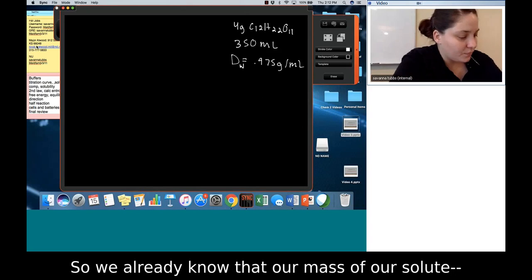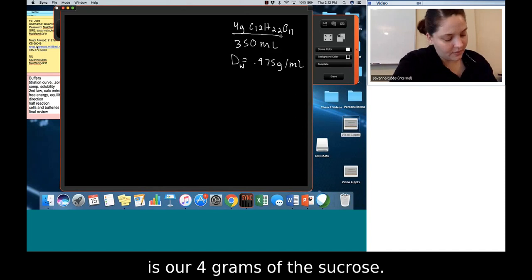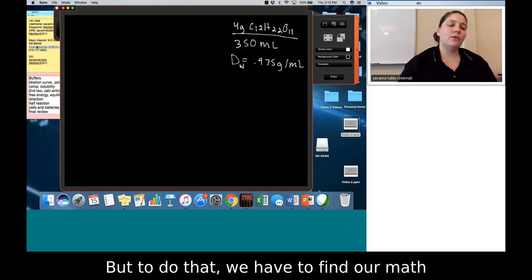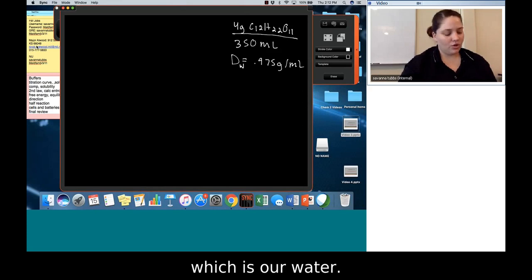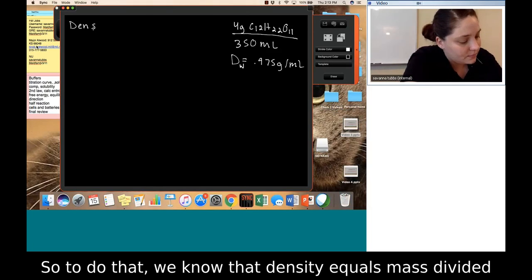So we already know that our mass of our solute, so the thing being dissolved, is our 4 grams of the sucrose. Now we need to find our mass of our solution, but to do that, we have to find our mass of the solvent, which is our water. So to do that, we know that density equals mass divided by volume.